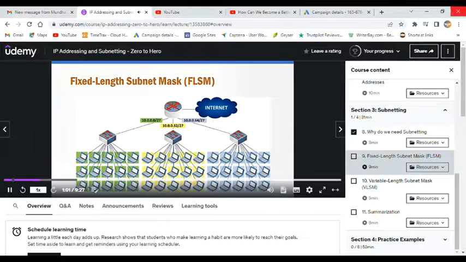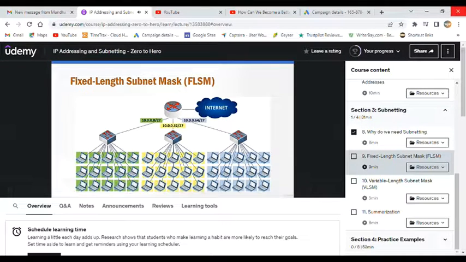We need one more address to be assigned to our router interface. But we need 2 additional IP addresses, one for the network ID or the network IP address, and the second one for our broadcast IP address. That means in total, we need 18 different IP addresses per subnet.